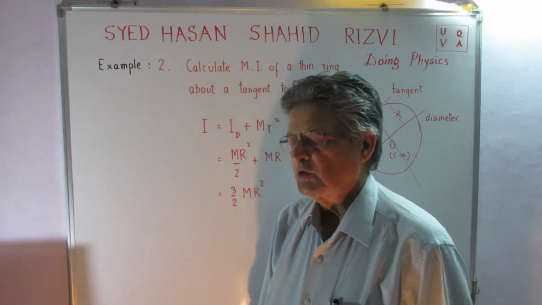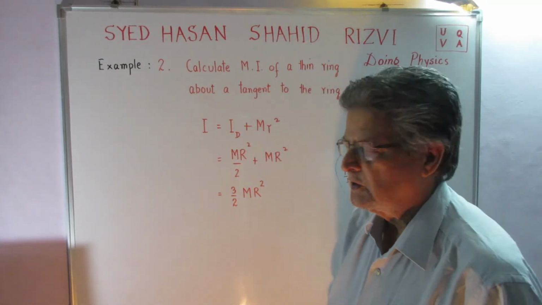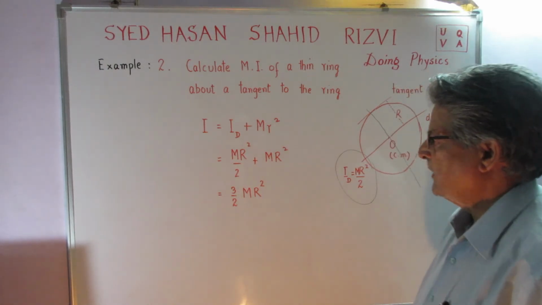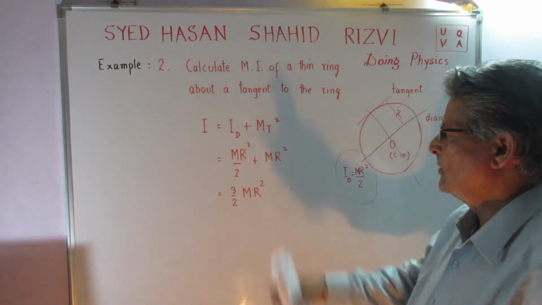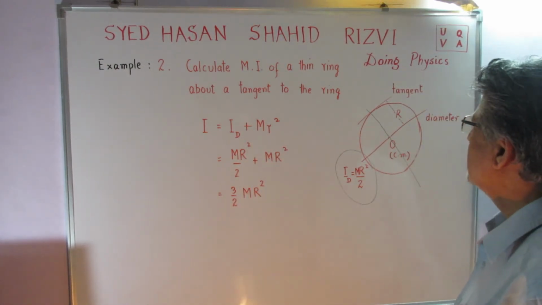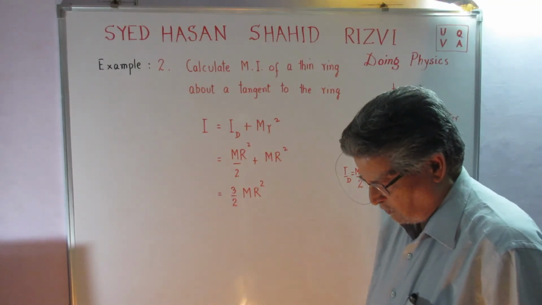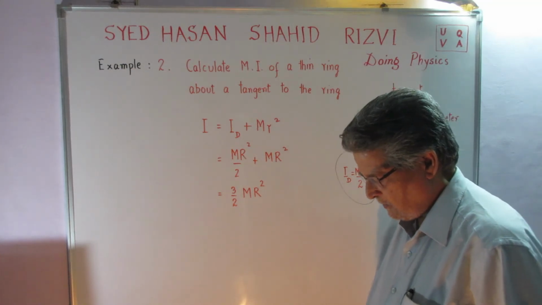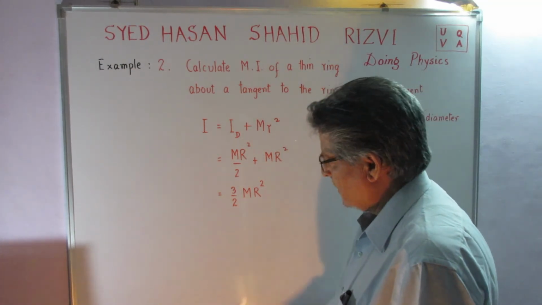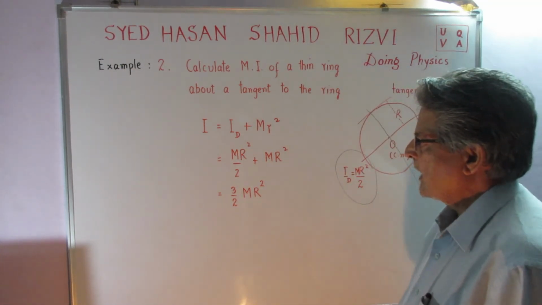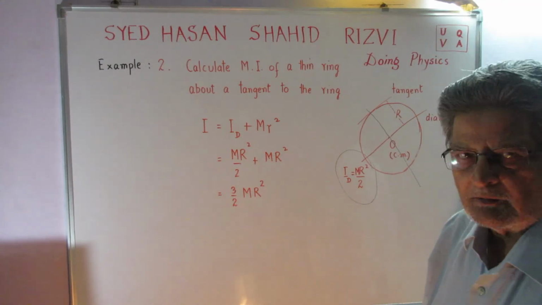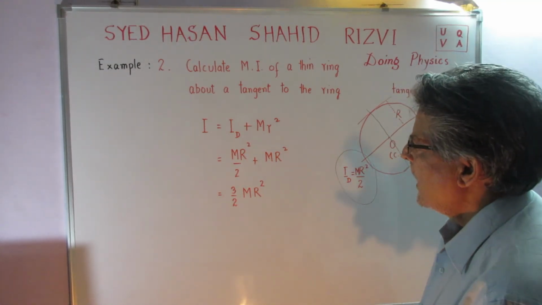You must know how to scribble and obtain the results from not so many formulae but some formulae like this. So that way we have it. I now ask you to do more examples so that you are more versed in the calculations of moment of inertia of various bodies.